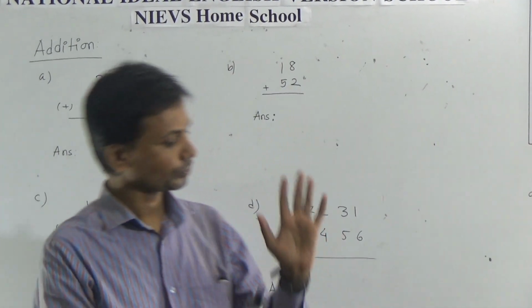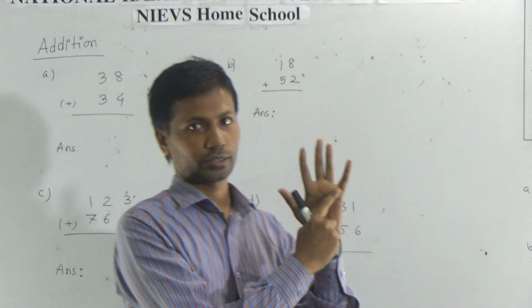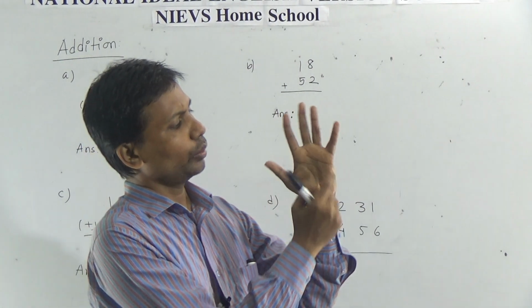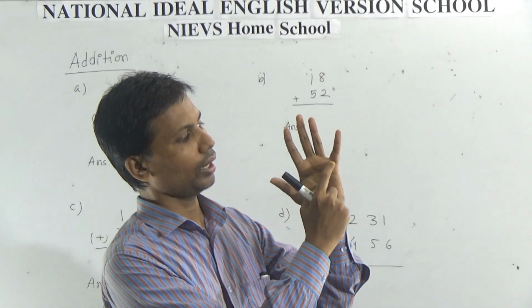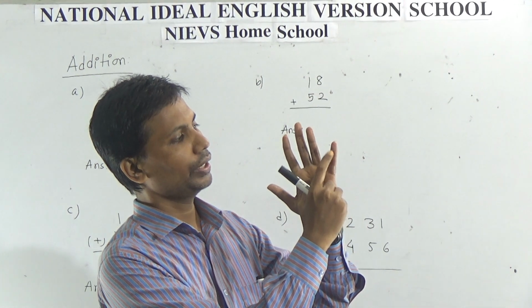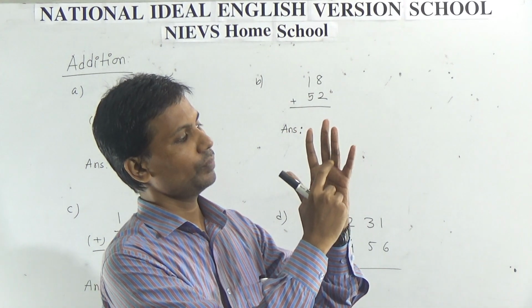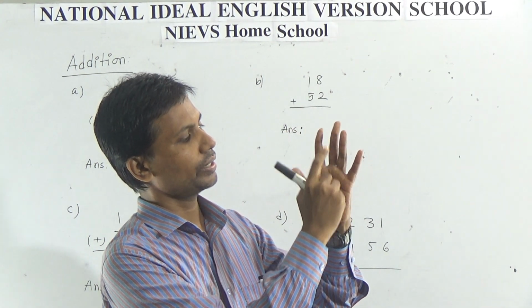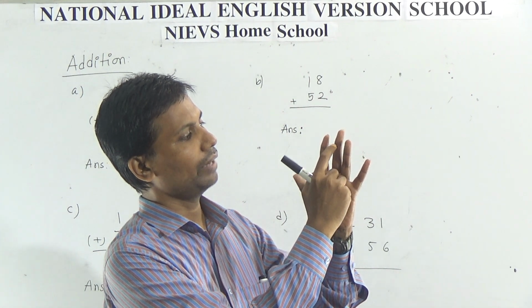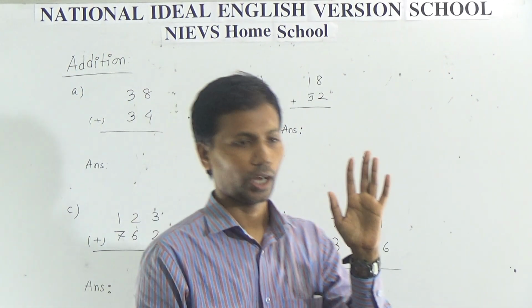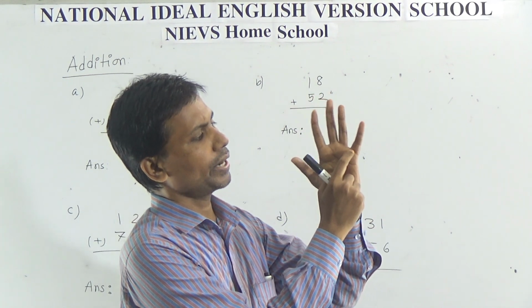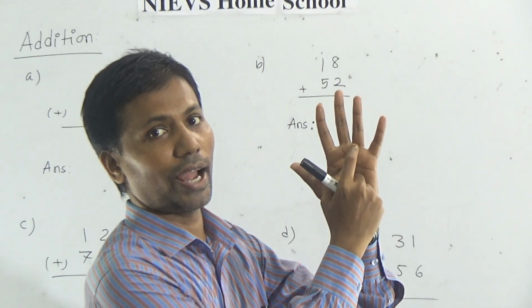Look, you see the fingers. You start from here: 1, 2, 3, 4, 5, 6, 7, 8, 9, 10, 11, 12, in this way. Starting from here to here, this is 5.